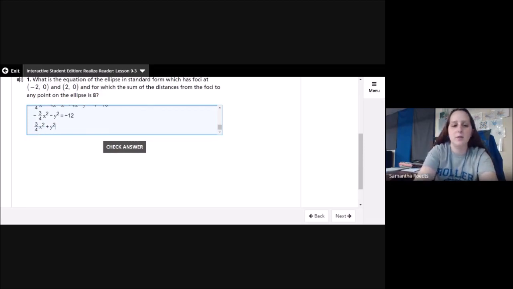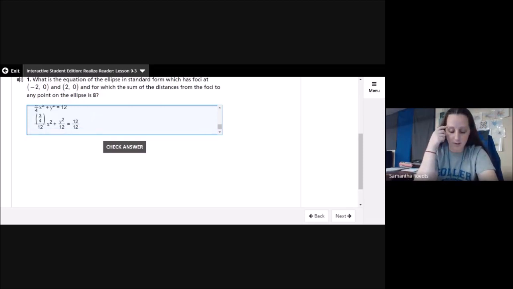Okay, now in order to get it to look like my equation, I need to divide everything by 12. So 3/4 x squared plus y squared, divided by 12, equals 12 divided by 12.